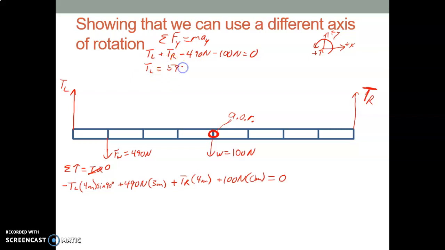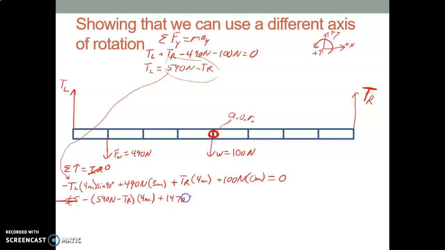So we solve for TL in terms of T sub R. We've done this earlier in the semester, on multiple occasions. So we substitute this in. Let me start over: minus, and then 590 newtons minus T sub R times 4 meters. Sine of 90 is 1, so I'm going to exclude that now.